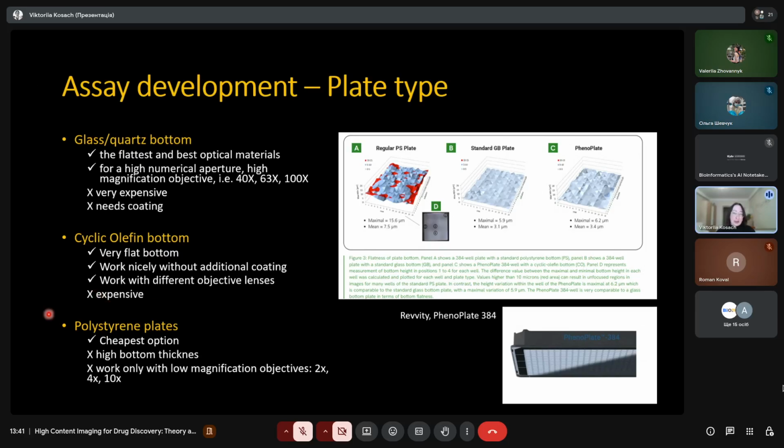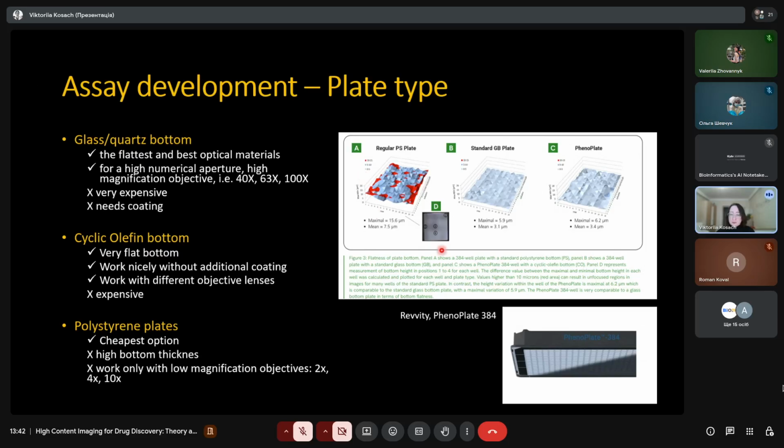And polystyrene plates are the classical plates that are used in other assays. They are not very nice for imaging. However, they could be used with low resolution, so with smaller objectives like 2x, 4x, even 10x. So they could work with them.